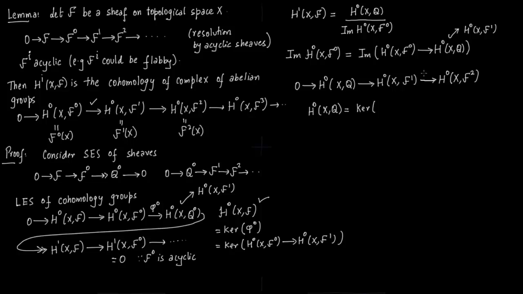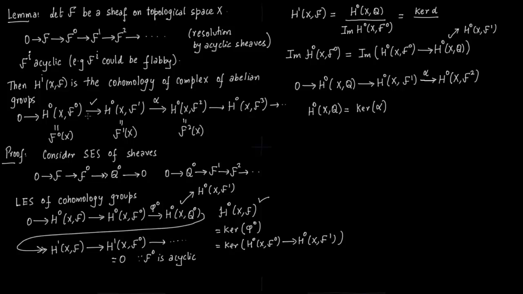And what is H0(X, Q)? It is nothing but the kernel of this map here, alpha, because we have this exact sequence from H0(X, Q) to H0(X, F1) to H0(X, F2). So this is the map alpha here. Now you see H1(X, F) is the kernel of alpha over, say, the image of beta.